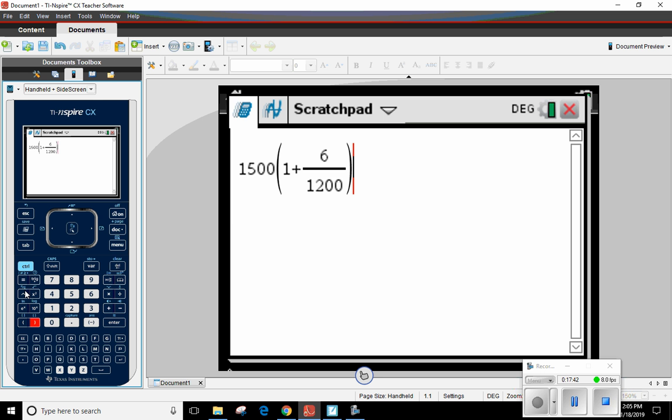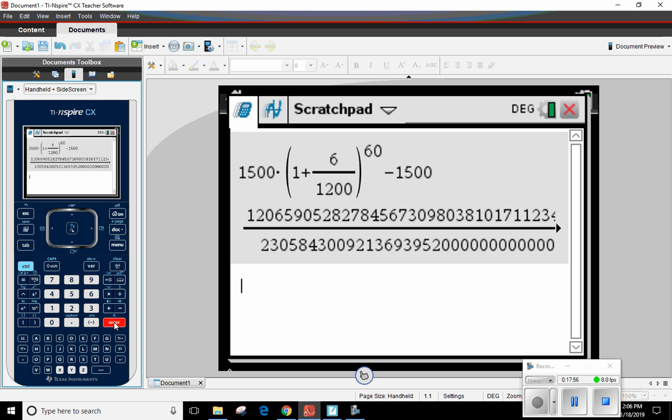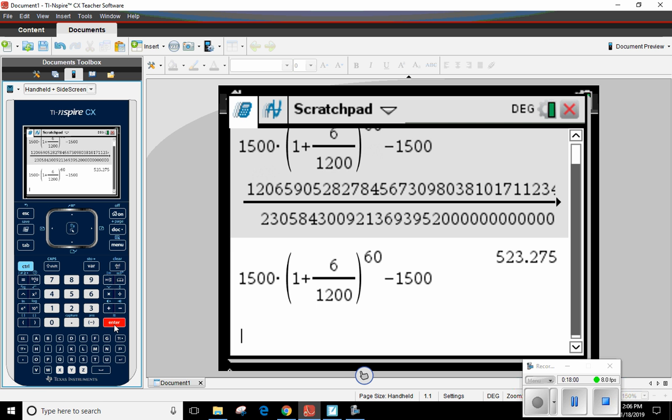Okay, and I'm going to raise that to the power of 60. And then I want to subtract the original 1,500. Okay, so what should I be getting when I push enter? A ridiculously large fraction, which I'm going to hit control enter. So I'm getting $523, about 28 cents.